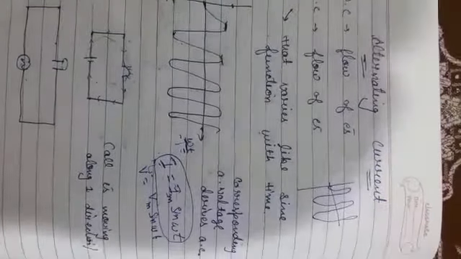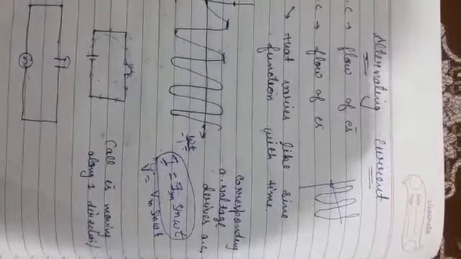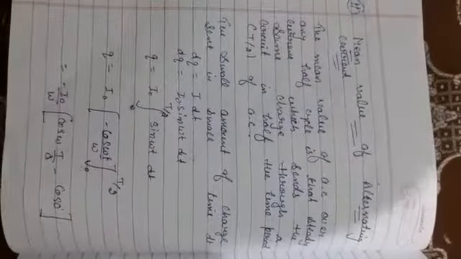Next we are going to do a very important term, that is the RMS and mean value of alternating current. Firstly, the mean value of alternating current, or I can say the peak value. What is the mean value?